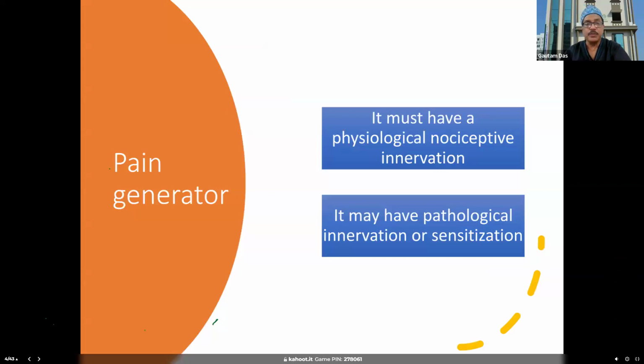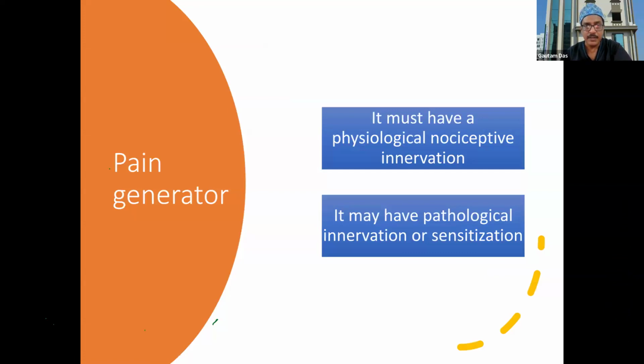So now, a very important concept in pain medicine is the pain generator. What is it? Suppose a structure doesn't have a nociceptive innervation, neither physiological nor pathological.